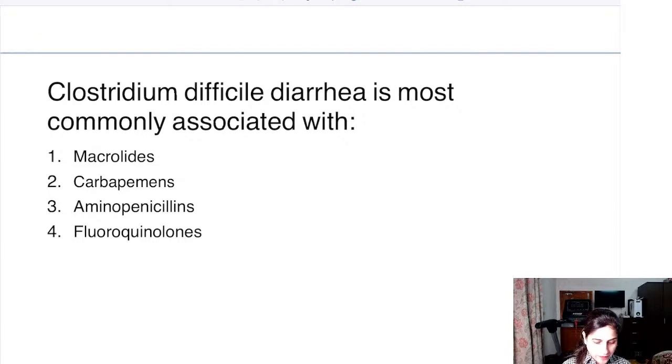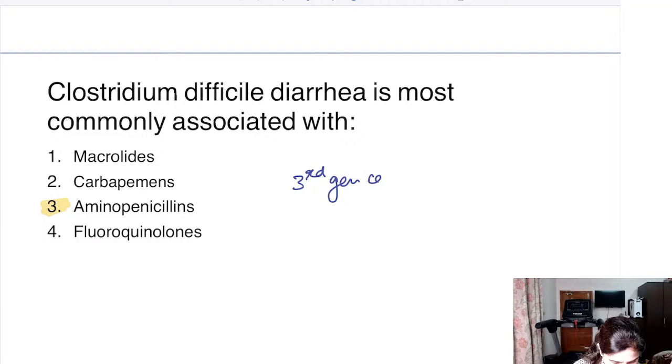So we did the drugs causing pseudomembranous enterocolitis. Clostridium difficile is just like that, so the question can be asked either way. Out of them the most common option is aminopenicillins. But if another option comes, a third generation cephalosporin, that is more likely to cause it even as compared to aminopenicillins.